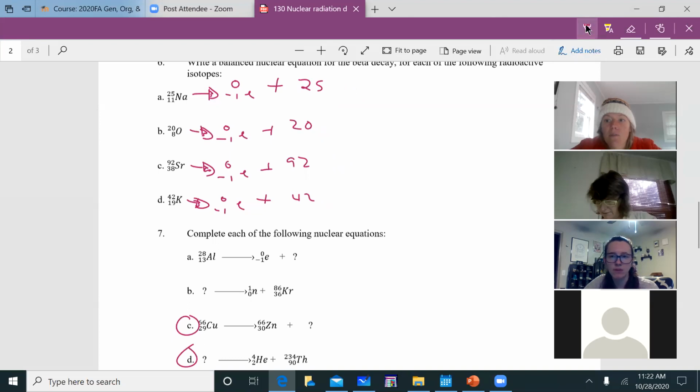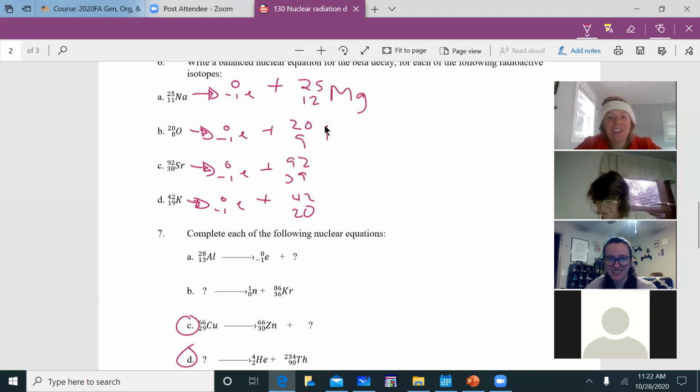I hate doing that. Okay, so 11. This is a negative one, so this needs to, in fact, be 12. 12 minus the 1 will give us the 11. This needs to be 9. This needs to be 39. And this needs to be 20. I was testing your skills, everyone. So this is going to be magnesium.